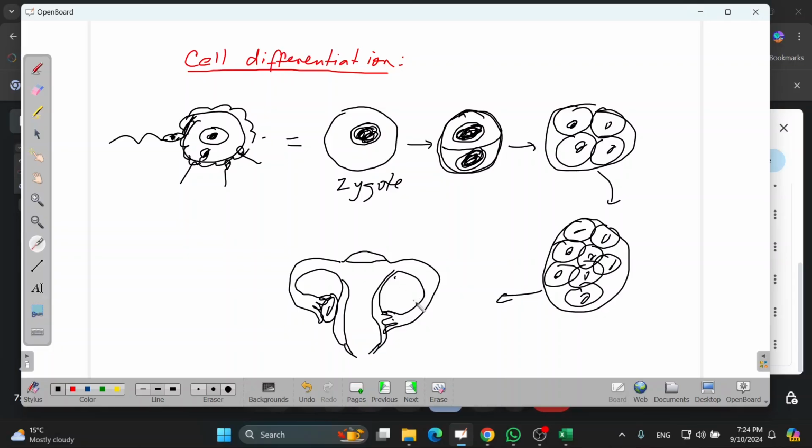So until now, this process, guys, happens somewhere here, right? The woman releases the egg, which is this one, the big one, right? And then that woman wanted to have a baby, and she had unprotected sexual intercourse with her husband, right?